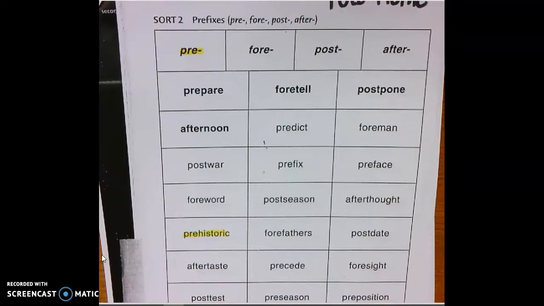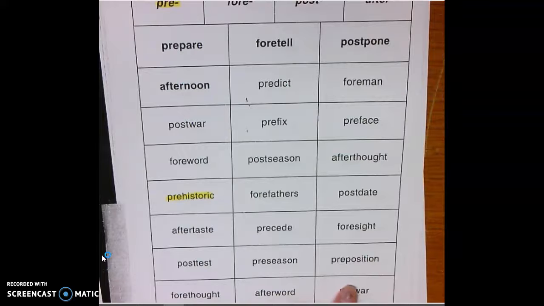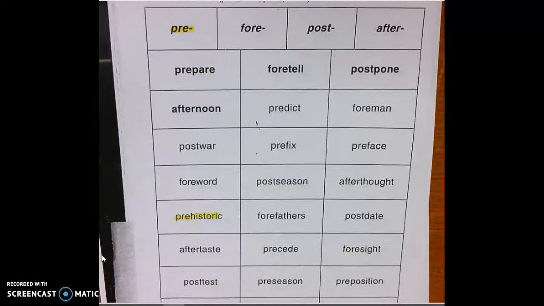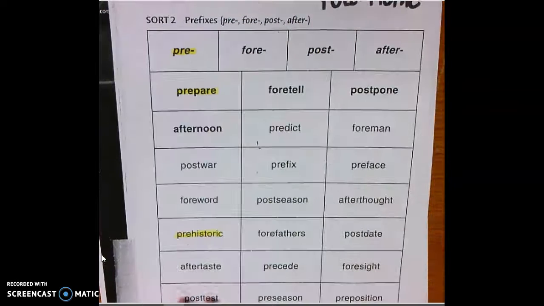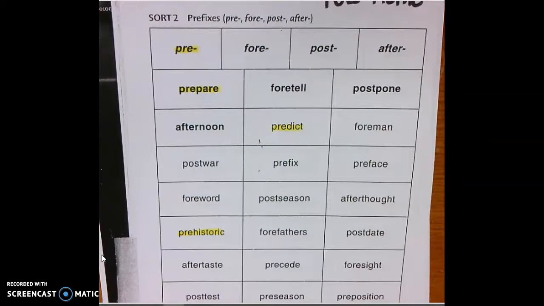We also have the word pre-war down here. If we take away the prefix, we just have the root word war. But if we add pre, pre-war means before war. So let's go through and find all of our pre-words. We have prepare, which means to get ready for something before it happens. Predict, which means to guess what is going to happen before it actually happens.